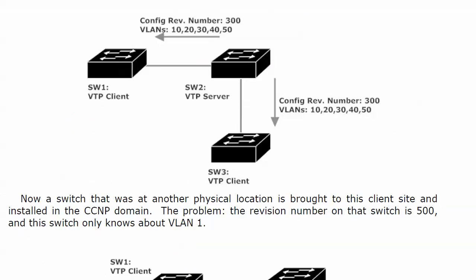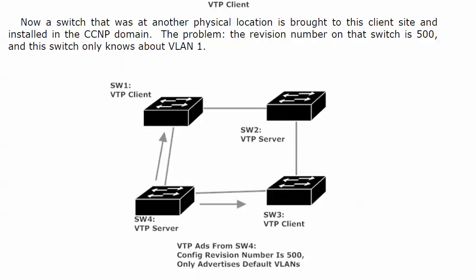So nothing wrong here, but now a switch that was at another physical location, maybe out of another client's network, maybe out of a CCNP CCIE practice lab back at our site, our headquarters, is just taken and inserted in the CCNP domain. The problem is that the revision number on this switch is 500, and this switch only knows about VLAN 1. It doesn't know any of those non-default VLANs.